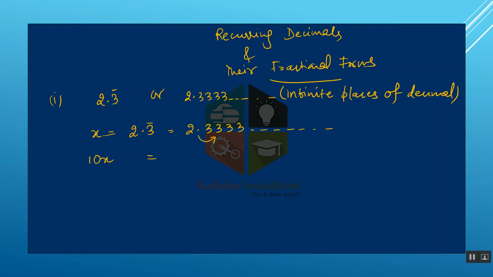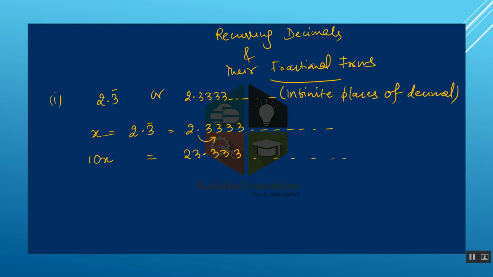We multiply by 100, the decimal shifts right two places. We multiply by 1,000, the decimal shifts three places. And when we divide, the shift becomes left. So 10x is equal to 23.333.